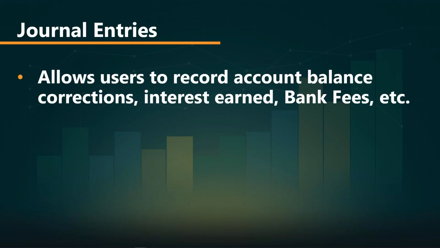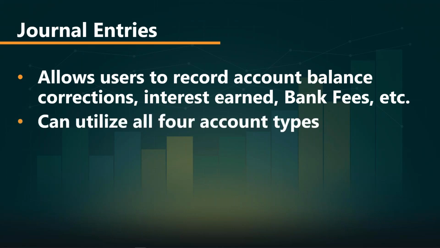So any sort of recording account balance, any sort of corrections or interest earned, say from the bank, or even paying a bank fee, you can use a journal entry just to move your money to your specific accounts. And since it's kind of the jack of all trades, it can utilize all four account types. So you can move things around as you need, as long as naturally those credits and debits end up having no difference.